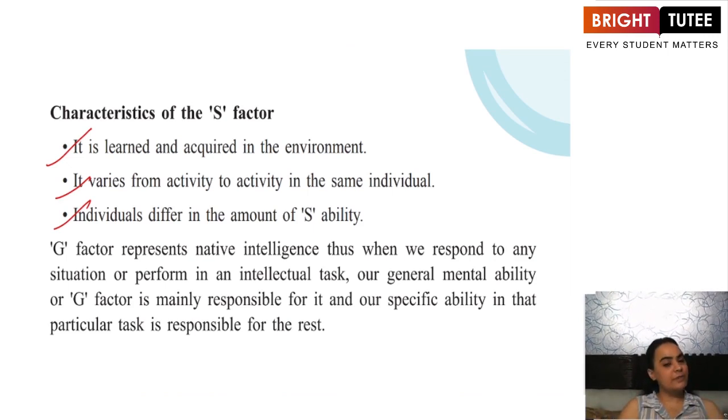So G factor represents the intelligence that one was born with, that one inherited, the intelligence that the person is going to use to perform tasks which require a general mental ability. General mental ability means something which is common to everybody. There is an earthquake.